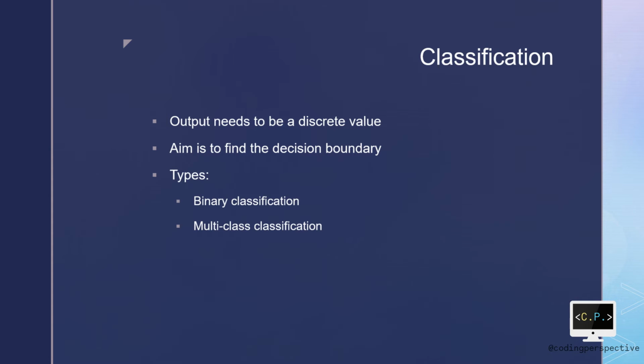The classification algorithms can be divided into binary classifiers and multi-class classifiers. In binary classification, you have only two categories as an output, like 0 or 1, or true and false. In multi-class classification, you have more than two categories as an output, like red, green, and blue.